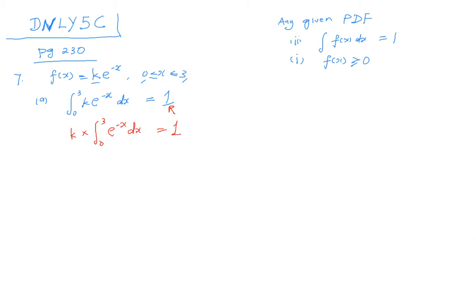So then I can get my k: 1 divided by the integral of this. Then you key into your calculator. Then you can get the answer. Then you correct it to 4 decimal places.